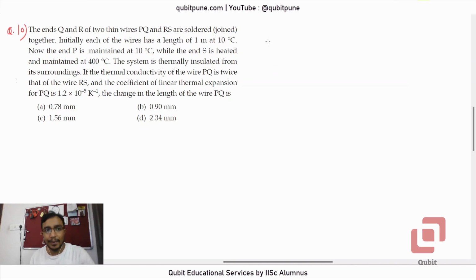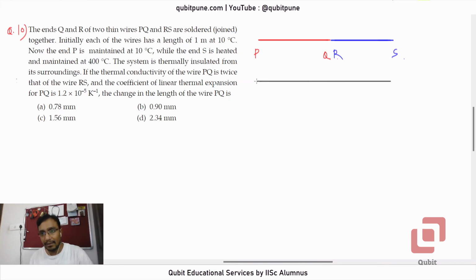Let me show wire PQ in red color, and the wire RS in blue color. Both these wires, keep in mind, have length 1 meter each before they were heated.